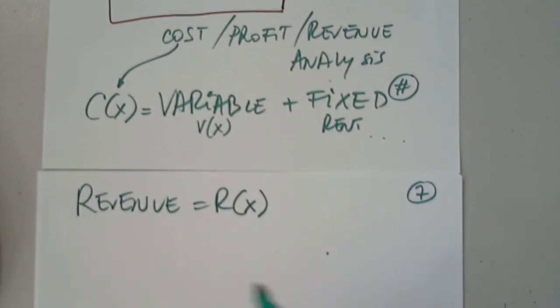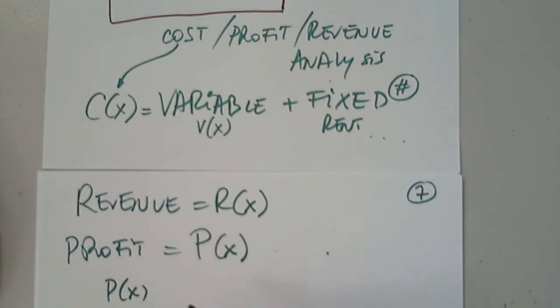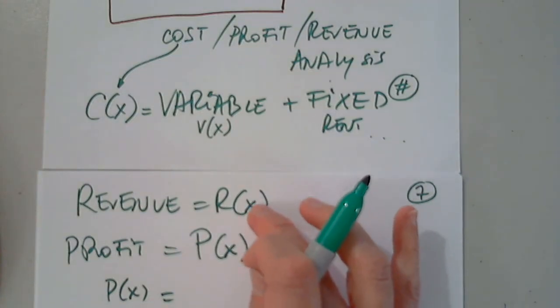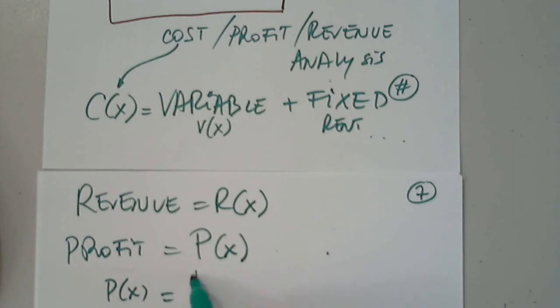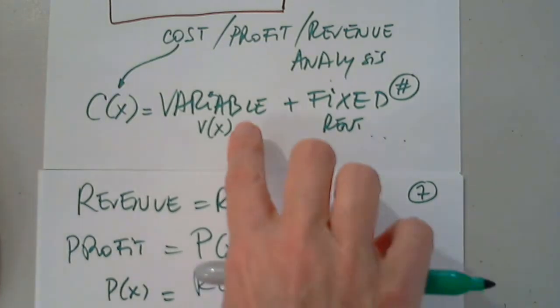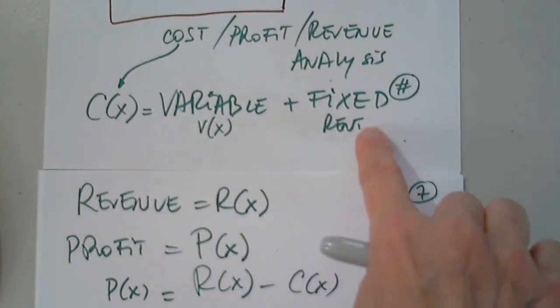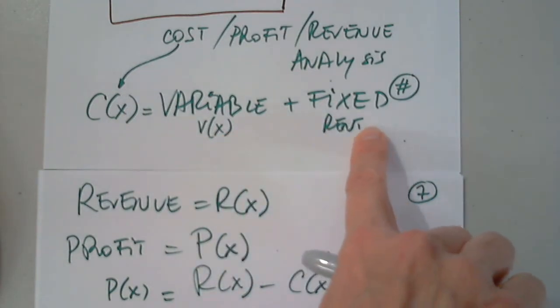And at the end of the day, we are interested in profit. The profit, P of x, always equals money coming in minus money going out. Always. Revenue minus cost. Both minus: minus the variable and minus the fixed.